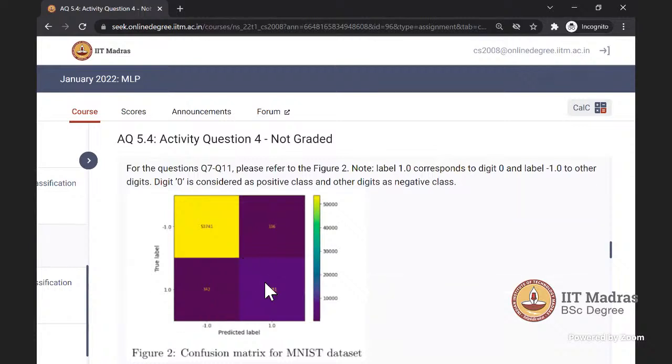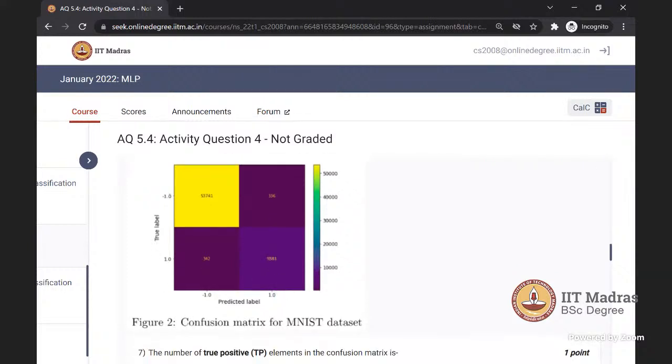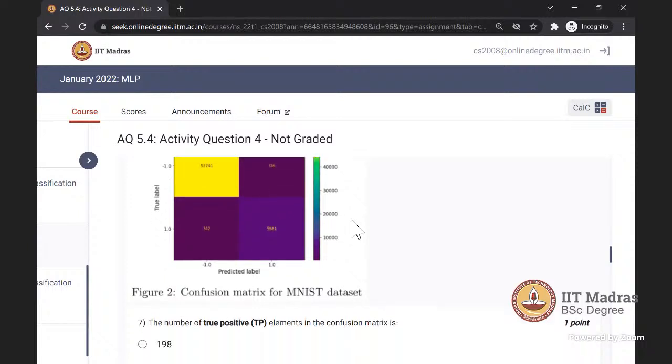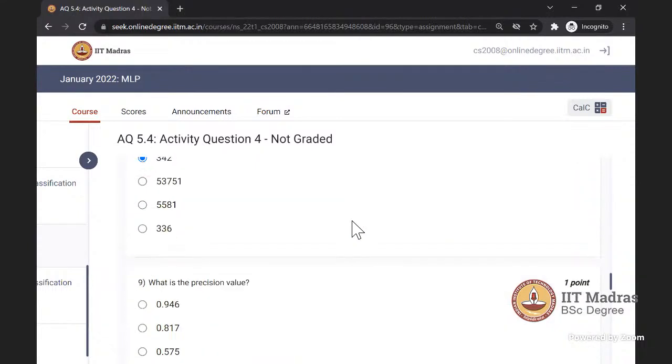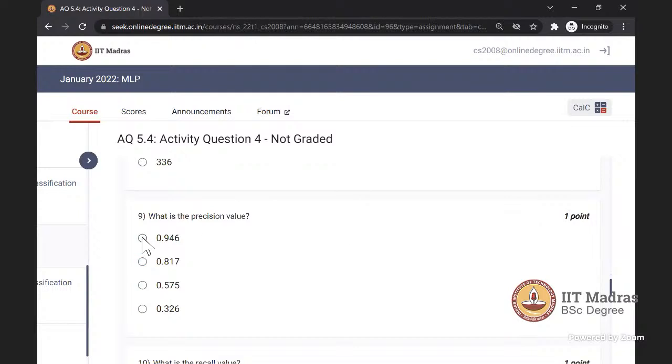This is the precision side, not predicted. 5581 divided by 5581 plus 336. It comes to about 0.942, but that option is not there, so I'll go with 0.946.